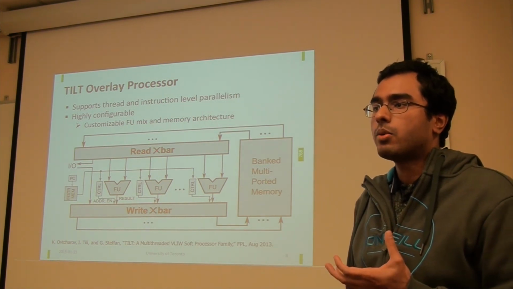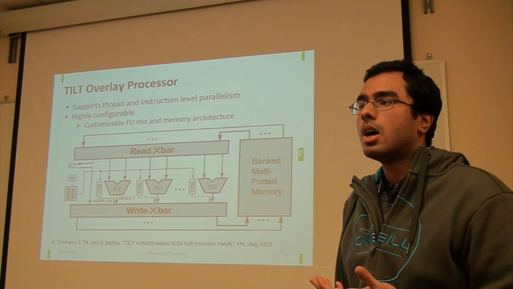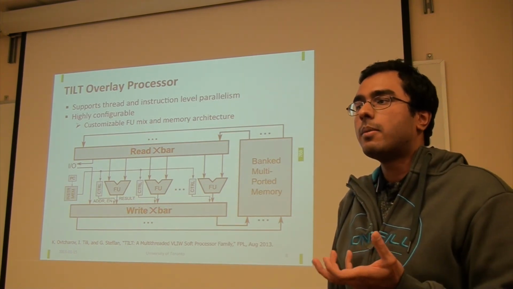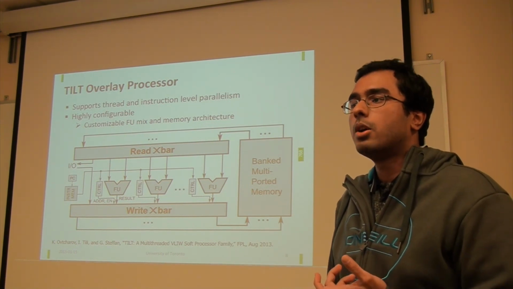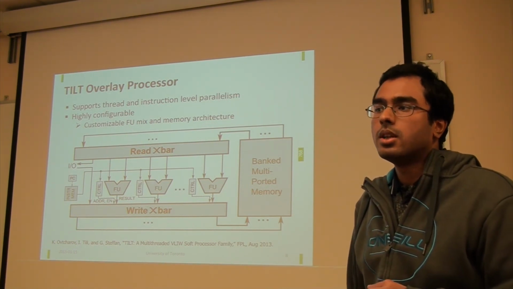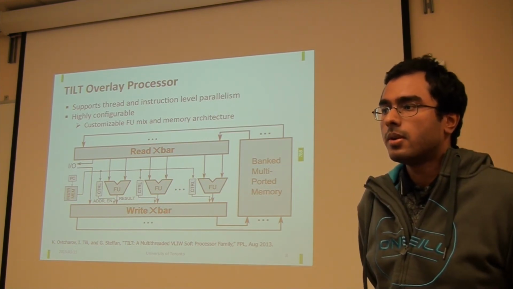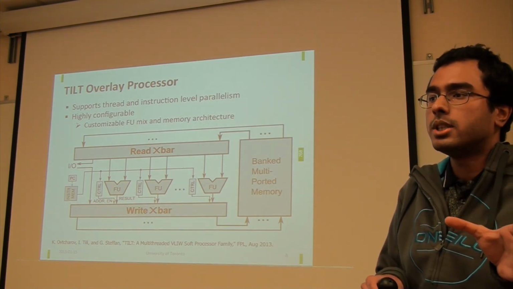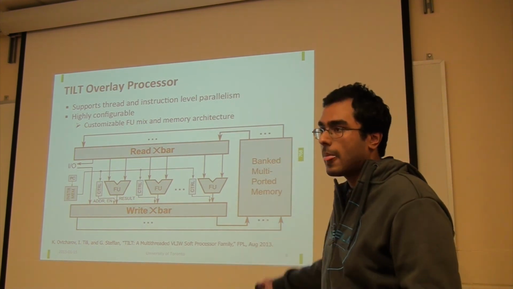Instead of a fully connected network such as the crossbar, we can use something else like Banyan, Benes network or Clos network. We do have numbers on that, and that does improve the throughput a little bit, about 10, 15%, I think, just by changing the connectivity of how the functional units talk to the memory system.